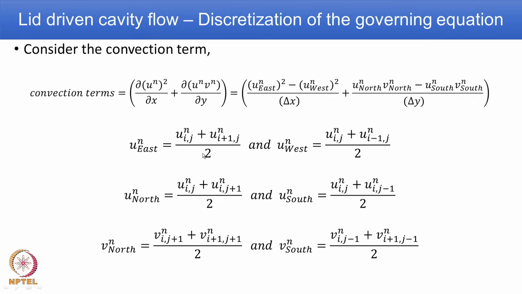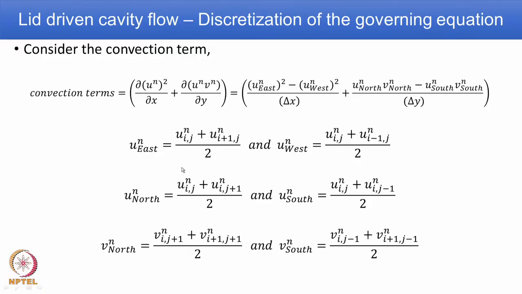We explained three different procedures: pure upwinding, then central differencing type of approximation, linear approximation, QUICK approximation, hybrid type, etc. What is shown here is a linear approximation or central differencing type approximation. So, u at east is u(i, j) plus u(i+1, j) divided by 2. Similarly, for u at west, north and south.